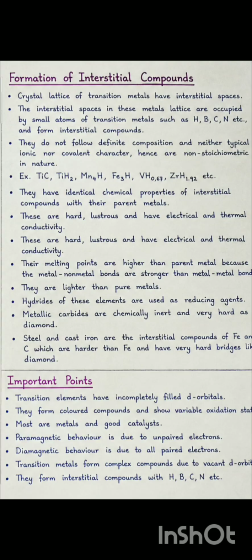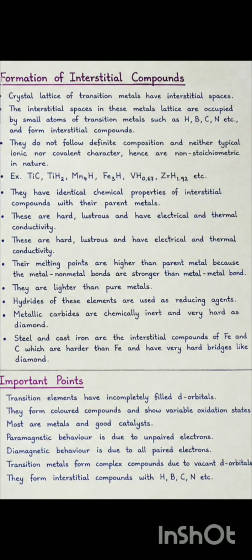Steel and cast iron are interstitial compounds of Fe and carbon, which are harder than iron and have very hard bridges like diamond. We have to note this important point: steel and cast iron are interstitial compounds of iron and carbon, which are harder than iron and have very hard bridges like diamond.